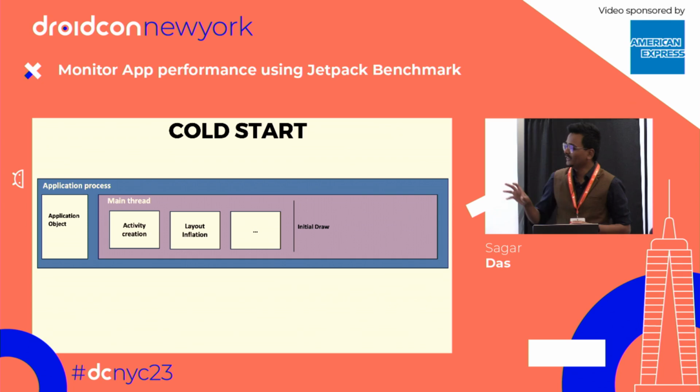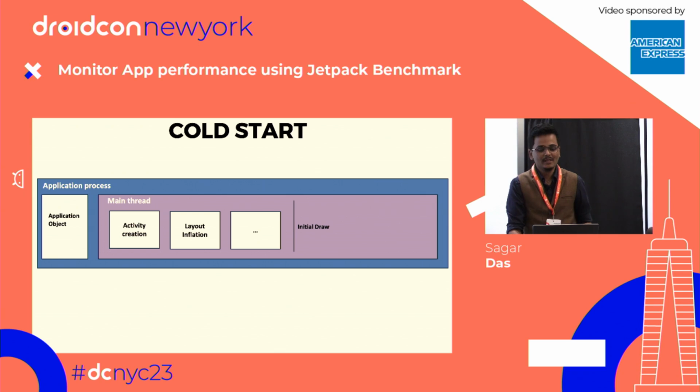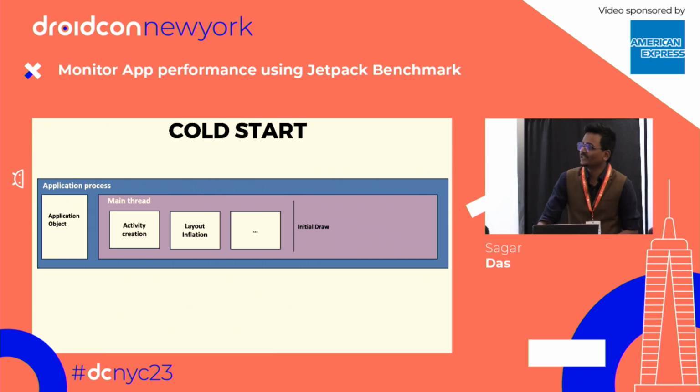So here's a visual representation of how we describe a cold start. As the name says, cold start, nothing existed. Maybe the user rebooted the device and launched the app for the first time. In that case, the Android operating system would be creating the application process from scratch. Within that, it would be initializing the app object, the application class, which we override.